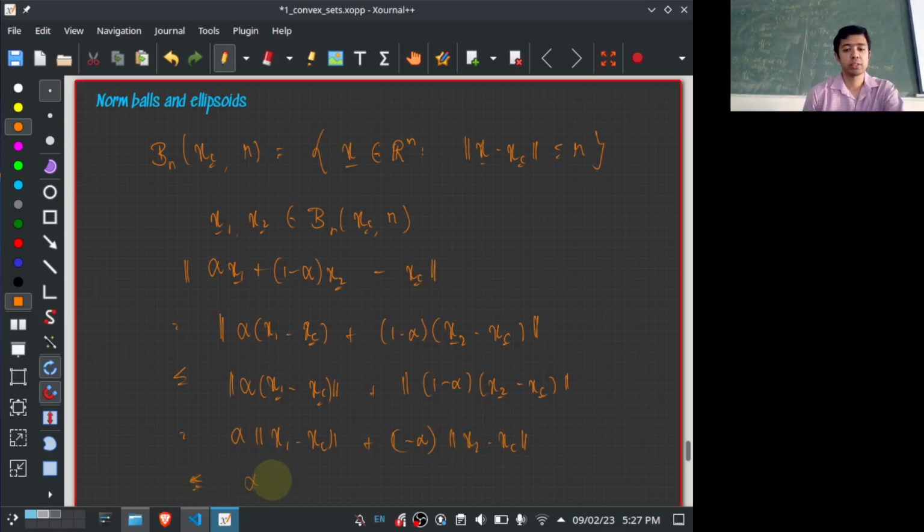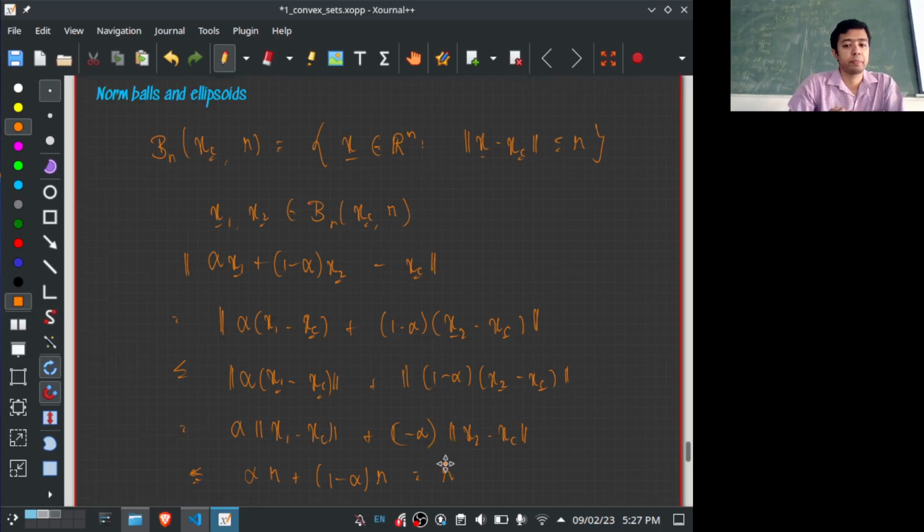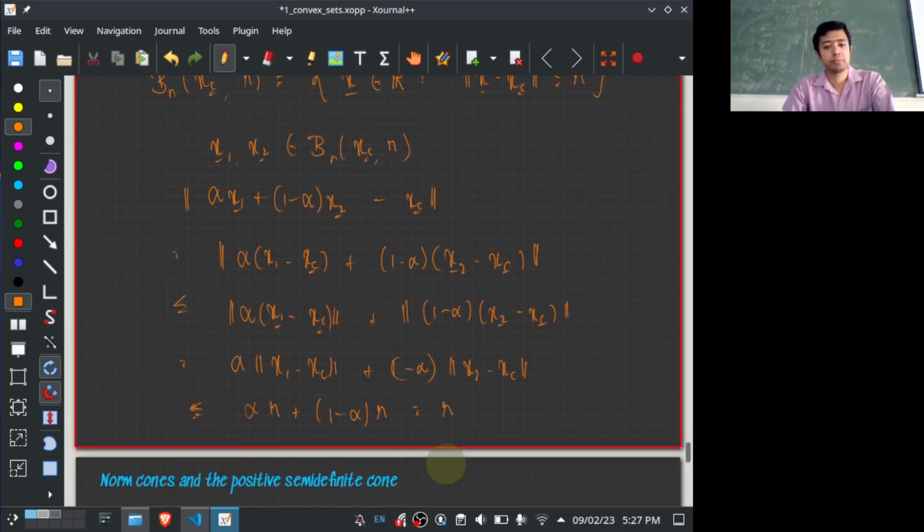So this is less than or equal to alpha r plus (1 minus alpha) r, which is r. So it's a convex set. Correct?